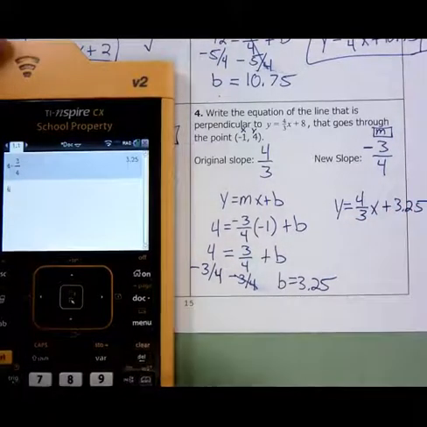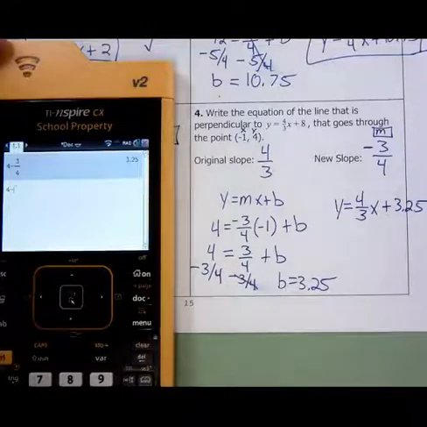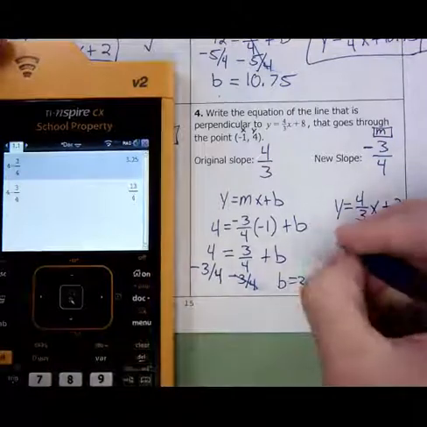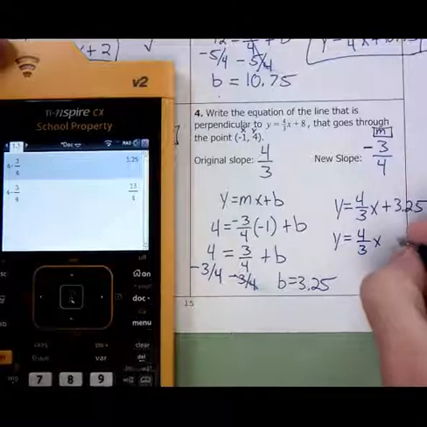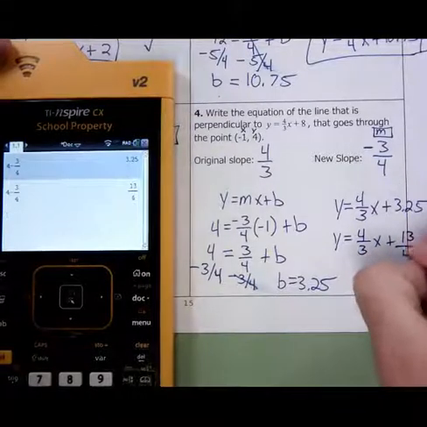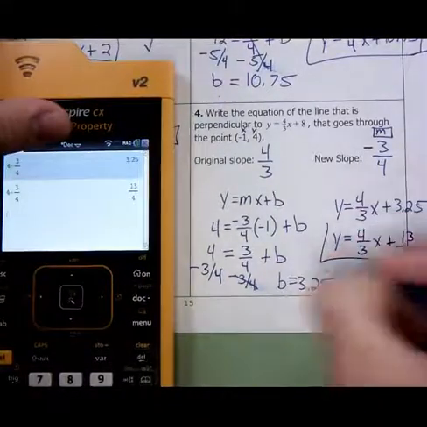And if you were just to simply leave that as a fraction, which is perfectly fine, which is honestly probably how you'll see it on your test, that would look like this, 13 over 4. Right, and there's your equation.